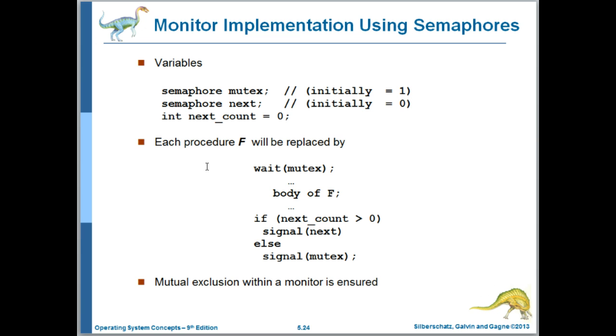If that's the case, then signal next. Also note that the process that is signaled implicitly gains control of the mutex. Otherwise, if there is no process waiting on next, we simply release the mutex.